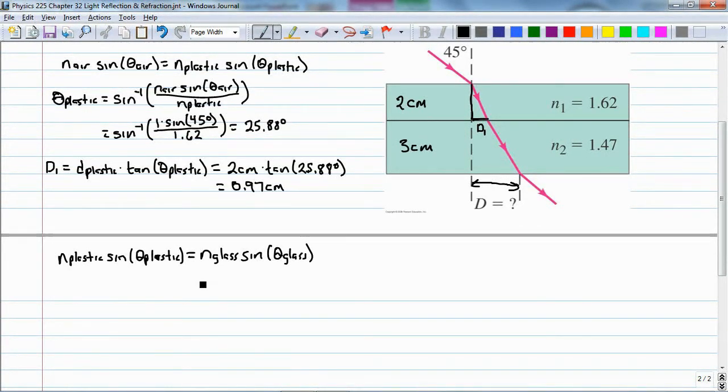And I'm interested in theta glass. So theta glass is equal to the arc sine of n plastic times sine of theta plastic divided by the n glass.